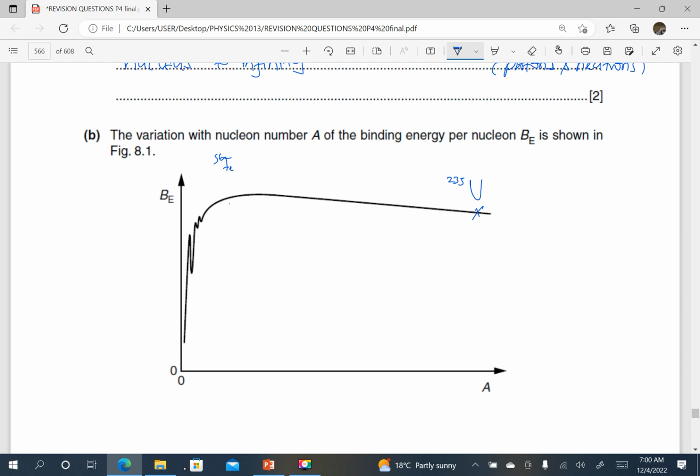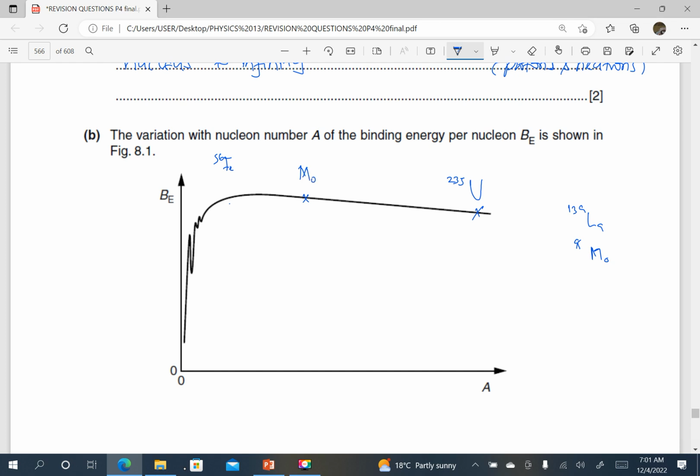Then La has 139, and Mo has 95. So it means Mo must be closest to the peak than the rest because it has 95. So the Mo is going to be around here. If this is 56, I think 95 can be around here. So I'll call this one Mo.